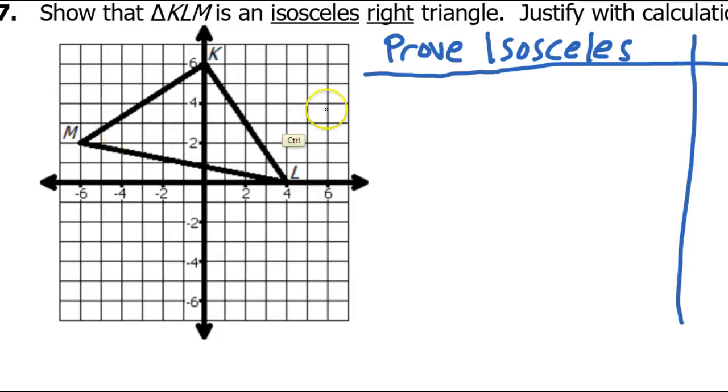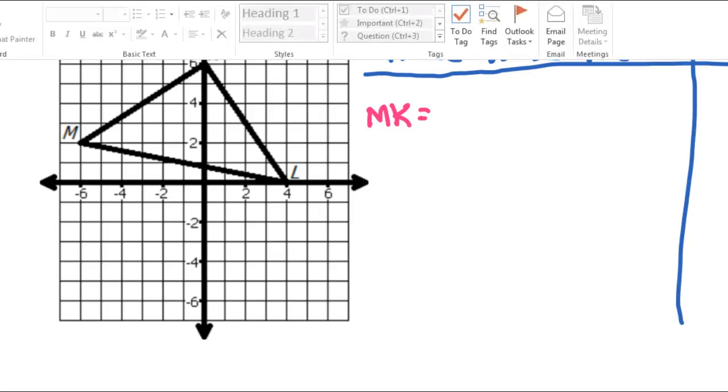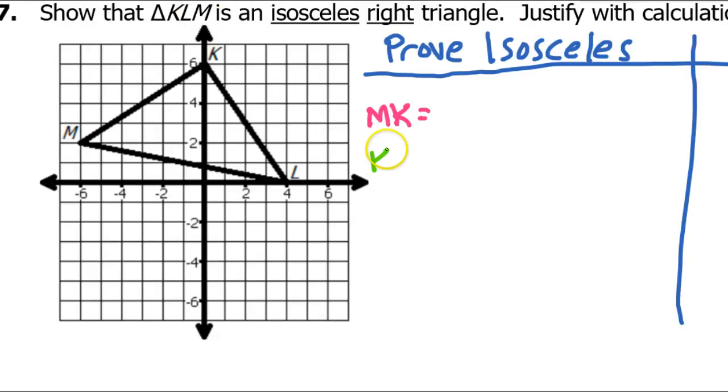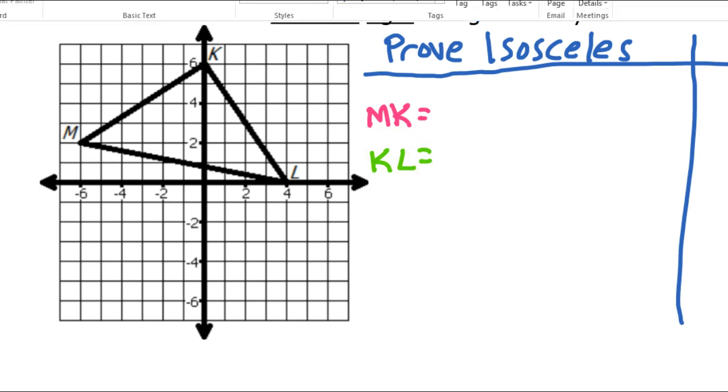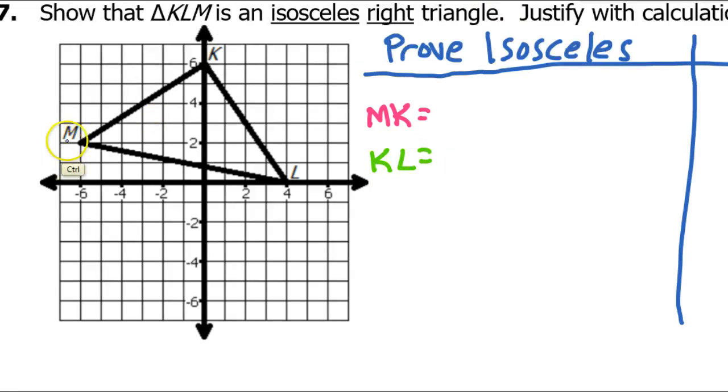So I'm going to find the length of MK, for example, and KL. You know what, let me color coordinate this. So I've got MK, I've got KL, and I'm going to find the length of ML. All right, I need to find those three lengths.